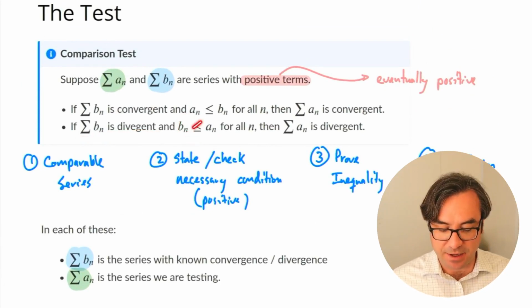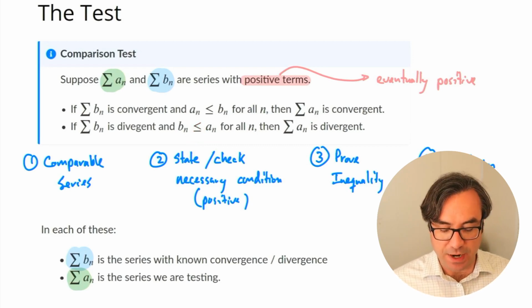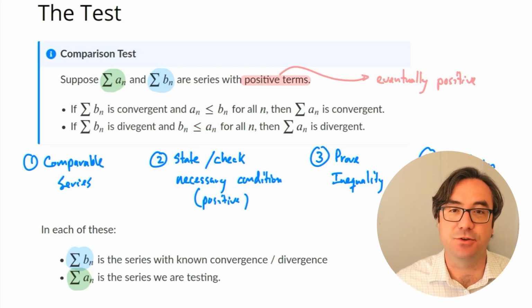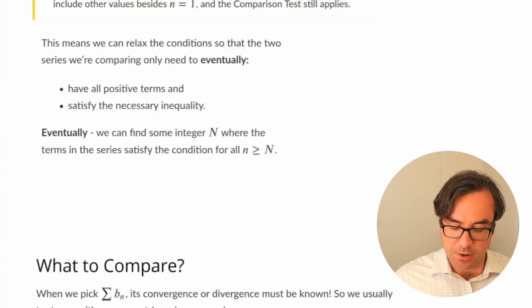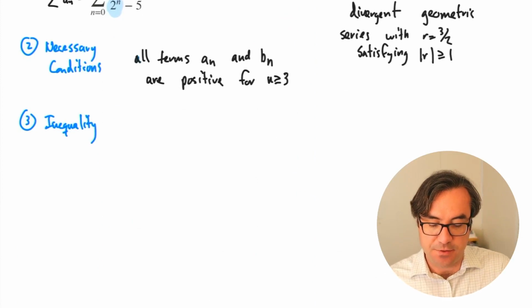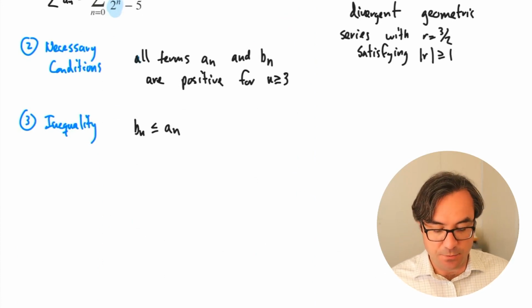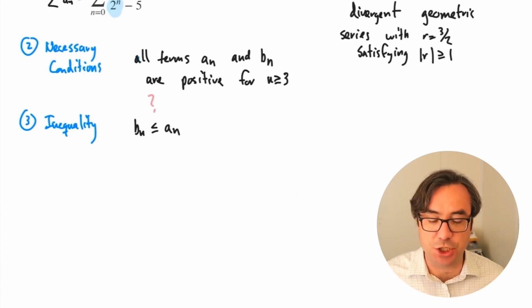That way, it almost kind of wedges these to be divergent as well. Okay, so that's the inequality we want to prove. That bn is less than or equal to an. So again, we don't know this yet. This is what we want to show.